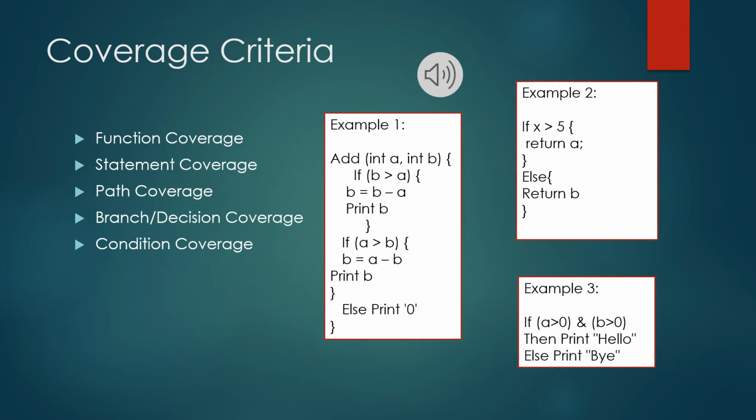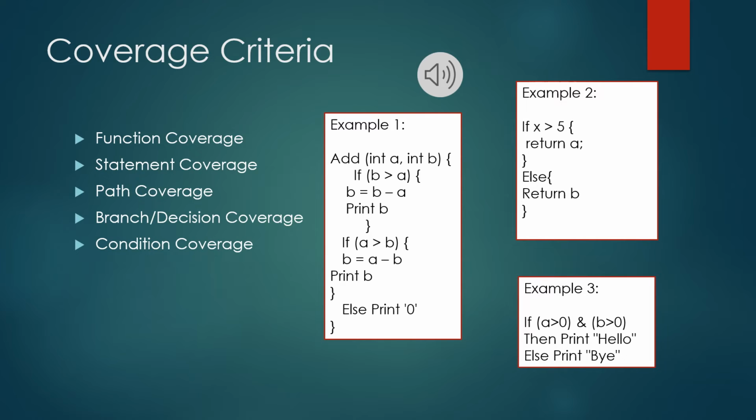When data set 2 and 3 is used, then B, which is 3, is greater than A of 2, and the first if branch gets executed. Similarly, when data set 4 and 2 is used, then A being 4 greater than B being 2 evaluates to true, and the second if branch gets executed.